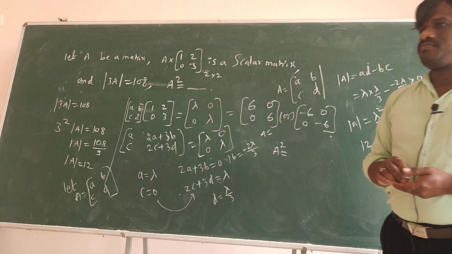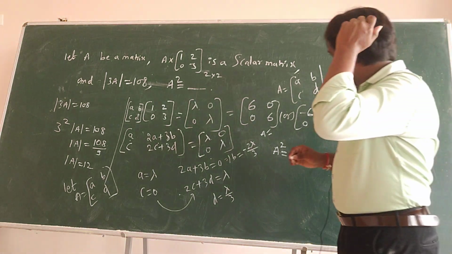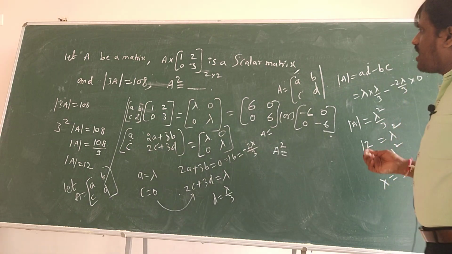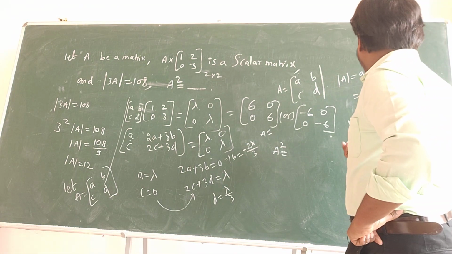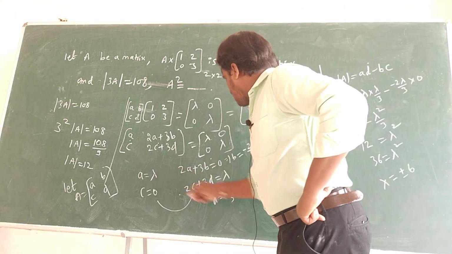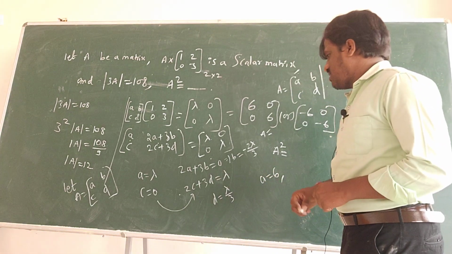Okay, we got scalar matrix now. What do you have to find? A square now. Lambda equal to 6, you substitute here. A, B, C, D. So A is equal to 6.